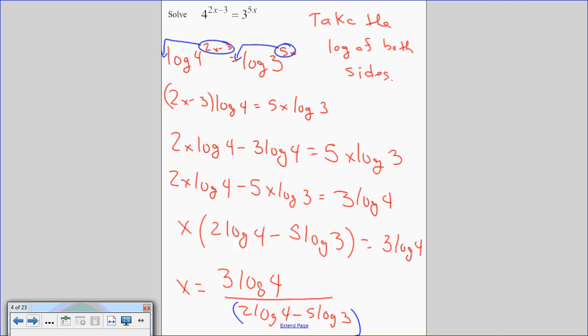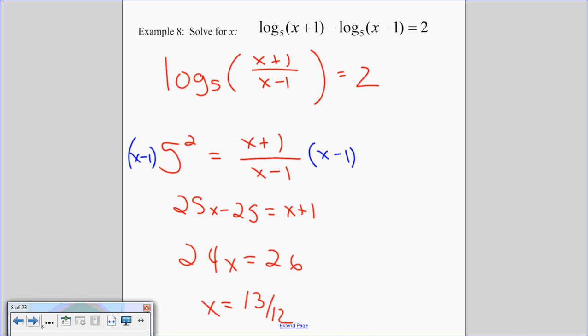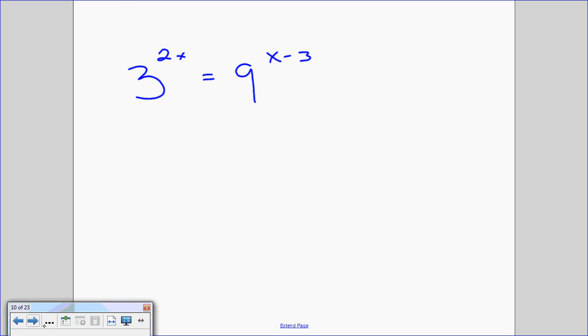But the one I just put on the board can be done easier. And you can do that technique. You can take the log of both sides. But if I can change them to have the same base, what I'm saying is, if I can do this, 9 is 3 squared. If they have the same base, then I could just cancel the bases.